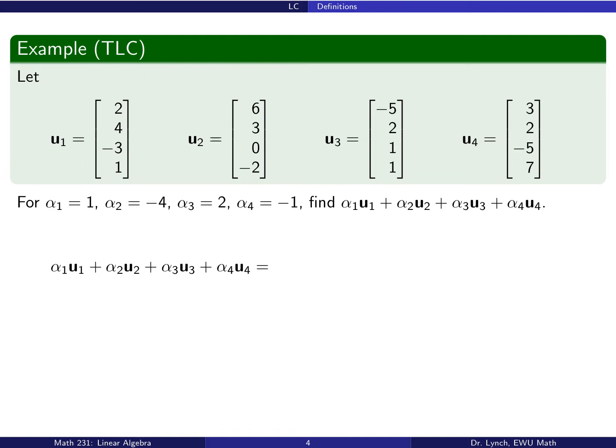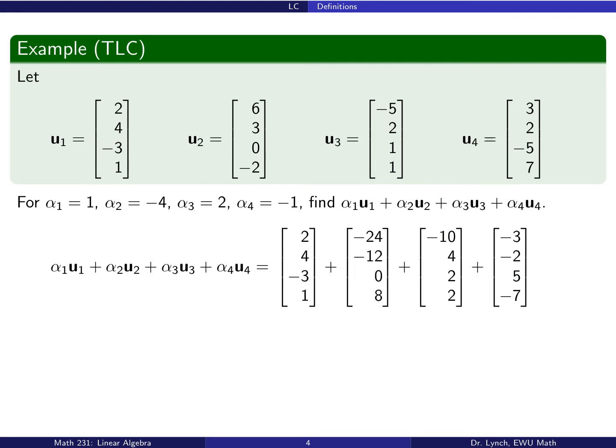The way that we do that is just by first computing these scalar multiples, right? So alpha 1 u1 is just 1 times u1. Alpha 2 u2 is just negative 4 times u2. Alpha 3 u3 is just 2 times u3, and then alpha 4 u4 is just negative 1 times u4.